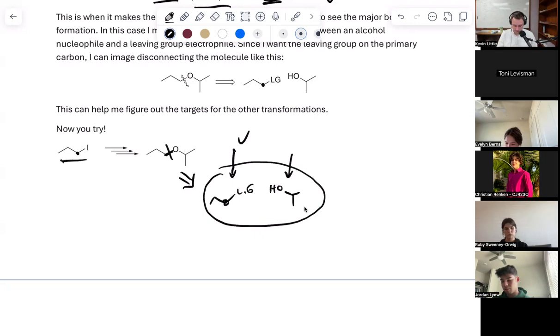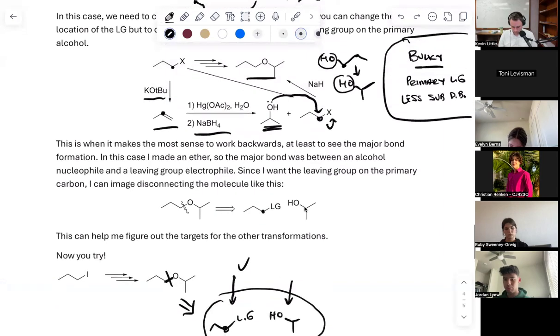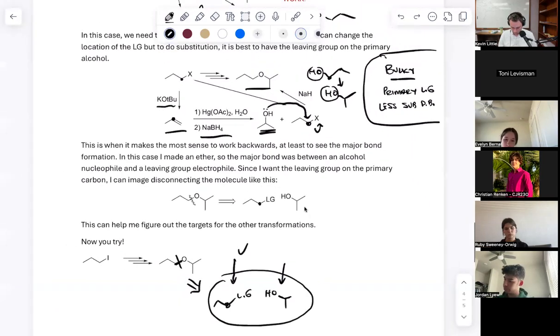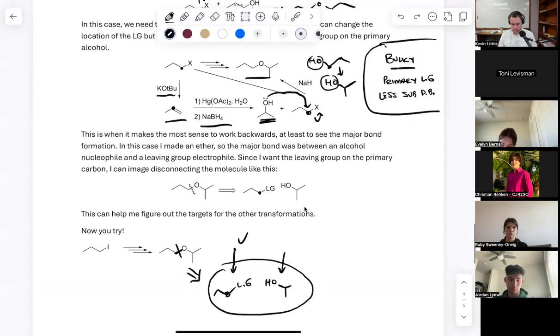The question is, can you turn the starting material into that alcohol? So I need to change the location of it, right?